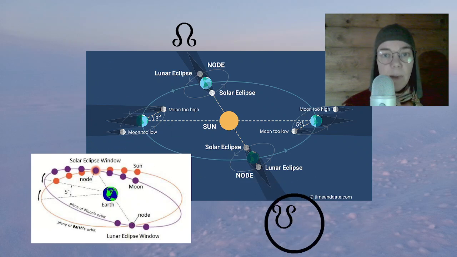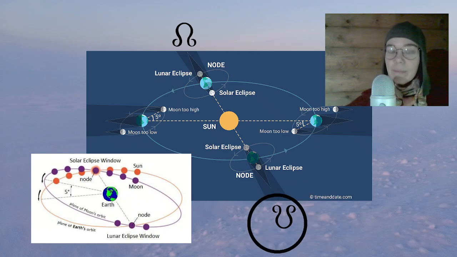Okay, let me grab it. The south node would be where the soul is coming from, in a way. It is showing us, it can show innate gifts of that sign.